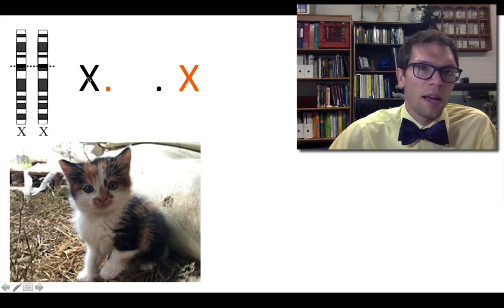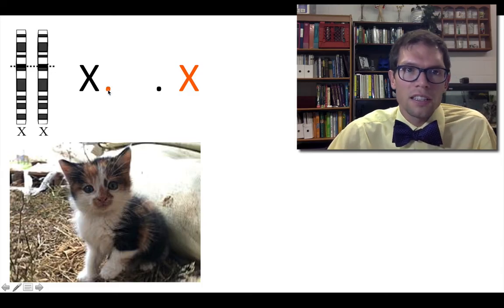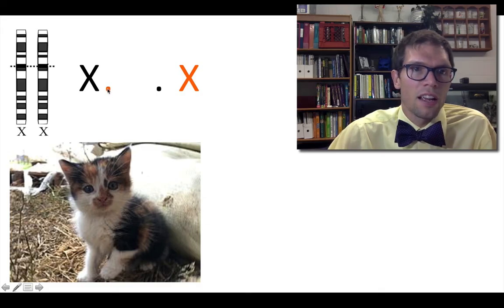So this X chromosome stays activated, this other one gets deactivated, becoming what's known as a bar body. It's named after the person that discovered it. So these genes on this X chromosome wouldn't get expressed, but the genes on this X chromosome would. In other cells, you might have this chromosome get deactivated into a bar body, and this one stay active. So this is actually what's going on with calico cats.